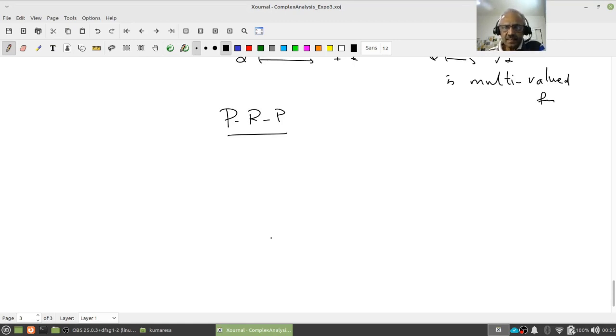Now let's go to the bottom of this problem again. Suppose alpha is in C star. Then I know alpha is mod alpha into e power i t naught for some t naught.